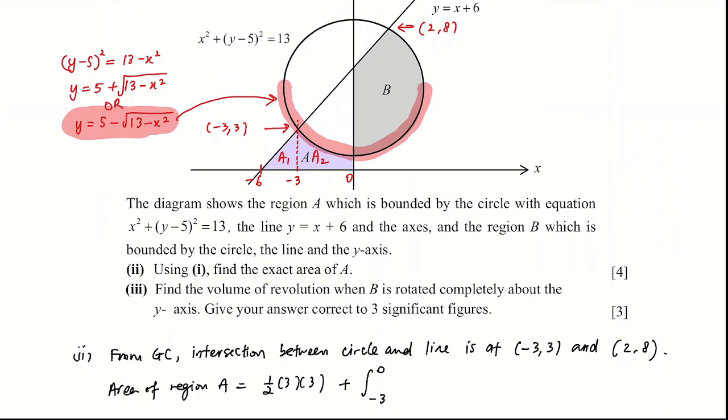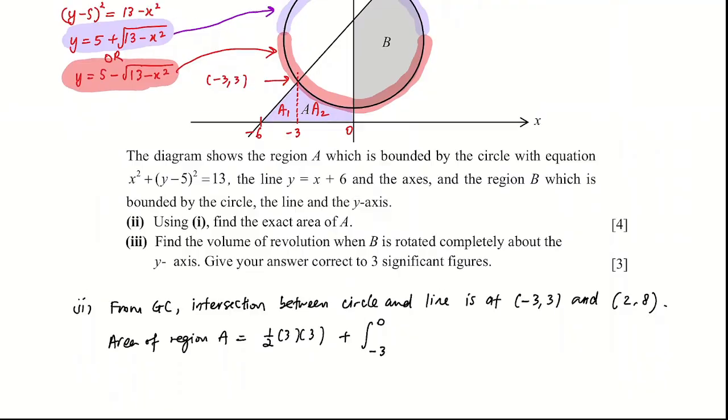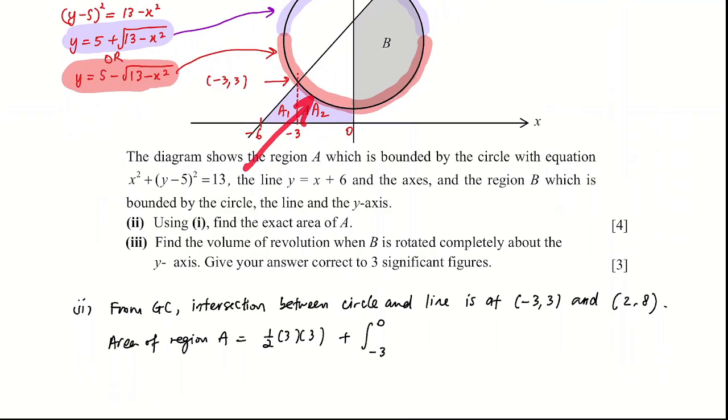Whereas the next one is a 5 plus something graph, so it will form the positive half, the top part of the graph. So which curve do we use for the region over here? The curve that we use for this region is going to be the negative curve. So this would be 5 minus the square root of 13 minus x squared, then dx.